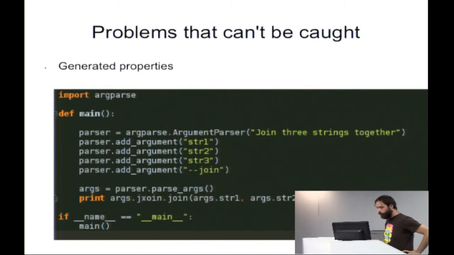Things that can't be caught. So here, there's a typo at the bottom, args.jxoin. It doesn't have any idea about that because this information it gets from the add argument call there at runtime.